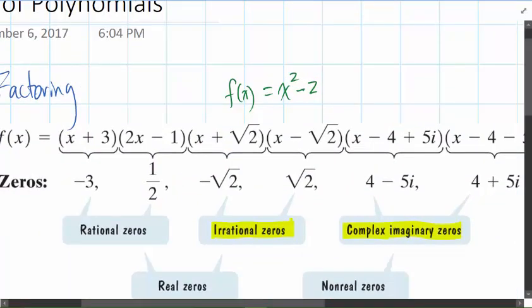And so if you have to factor this, it would be x minus square root of 2, because, for example, b squared equals 2. What's b? b equals square root of 2.